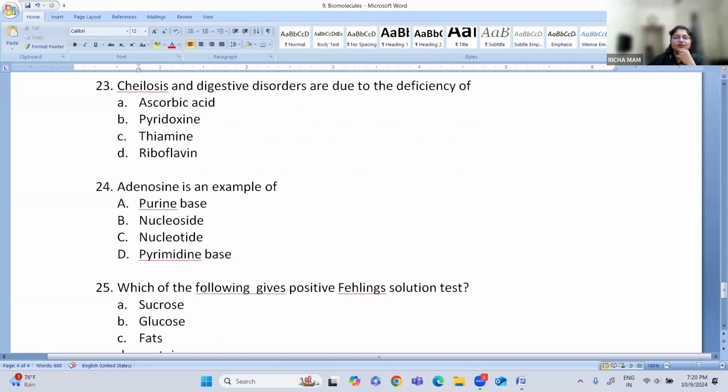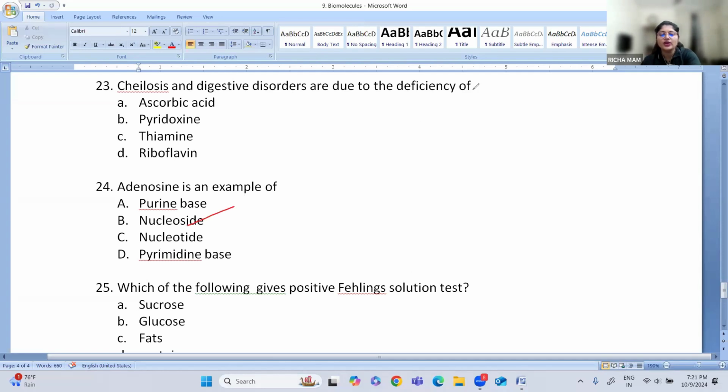Adenosine is an example of what? Is it a purine base, nucleoside, nucleotide, or pyrimidine base? What is adenosine? Yes, it is a nucleoside.